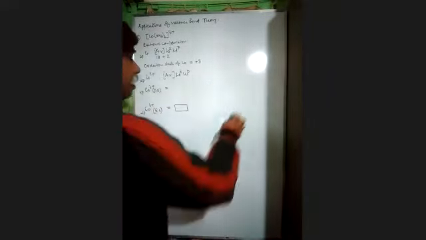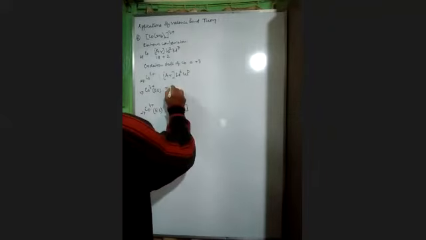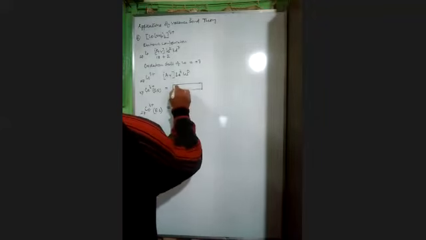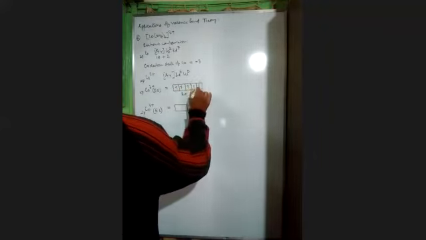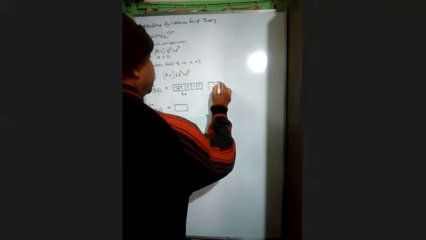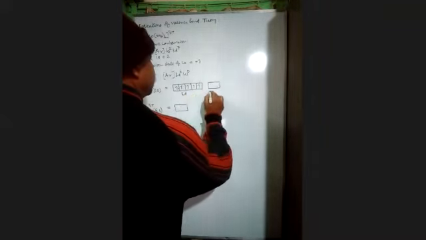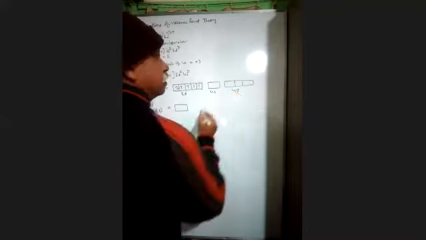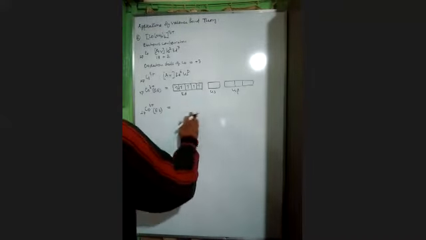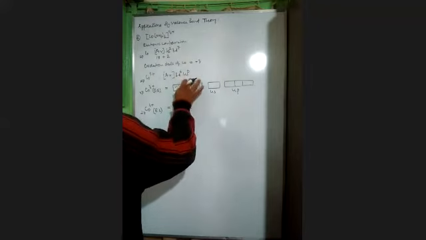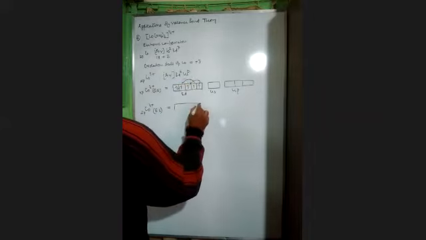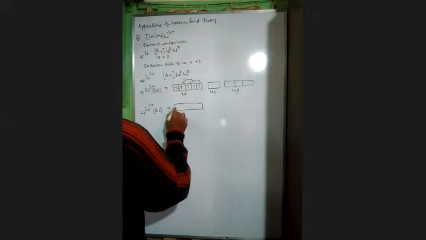I should write 3d inside, in order of energy. So 3d, then 4s, then 4p.